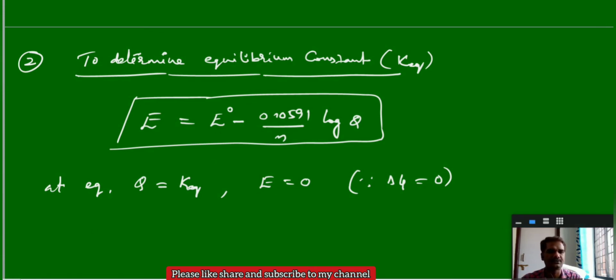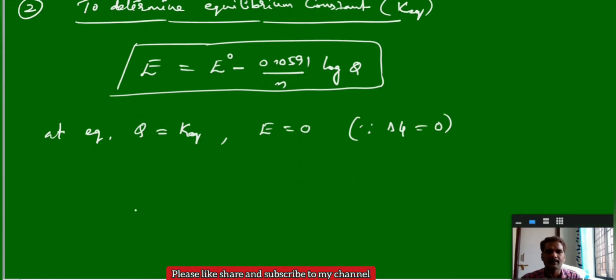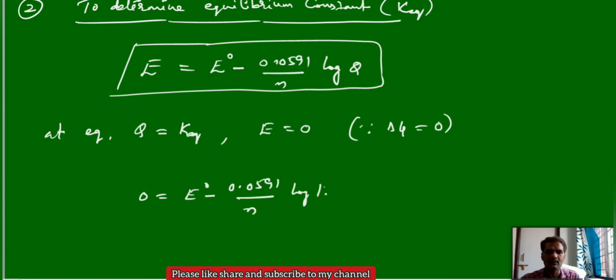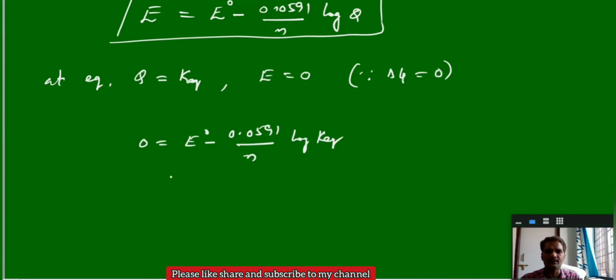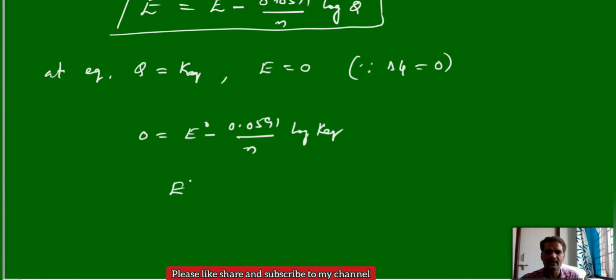If we substitute these values here, we will get 0 is equal to E naught minus 0.0591 by n log of K equilibrium. And from this E naught value, we can calculate the standard reduction potential by knowing the equilibrium constant.